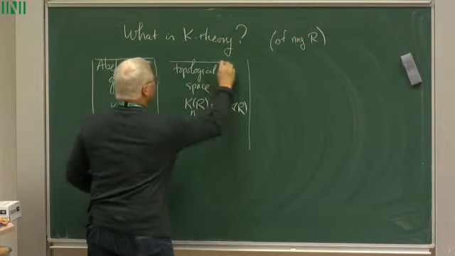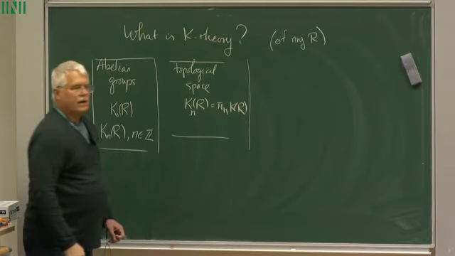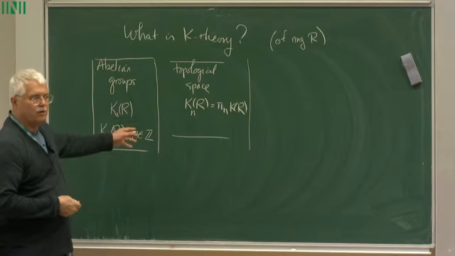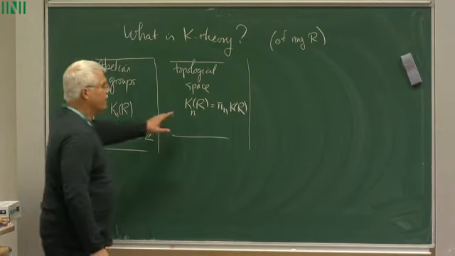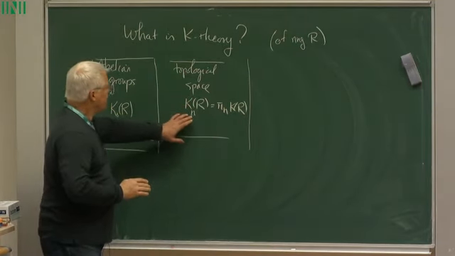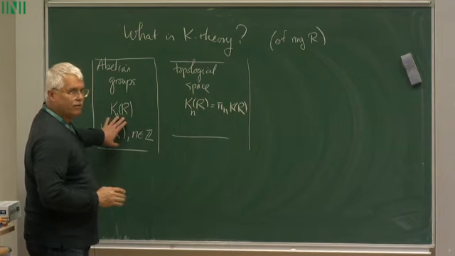And another way that one can think about K-theory is to think of a topological space whose homotopy groups give you the K-theory groups. And the only thing that you would know up to this point in my lecture is if I take n equals to 0, you have to get this.